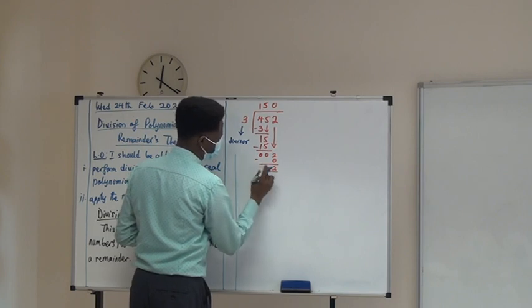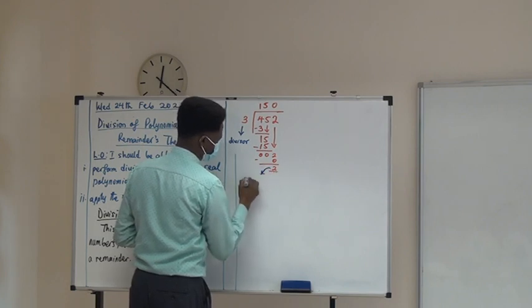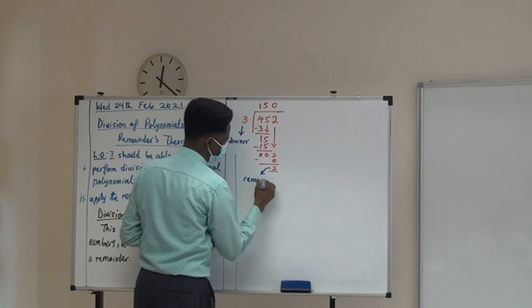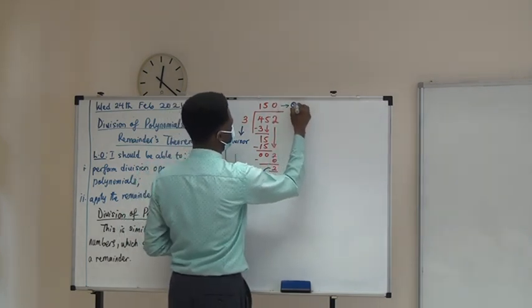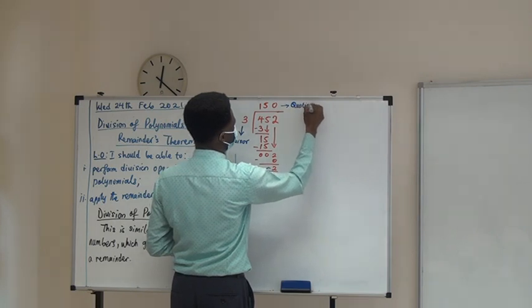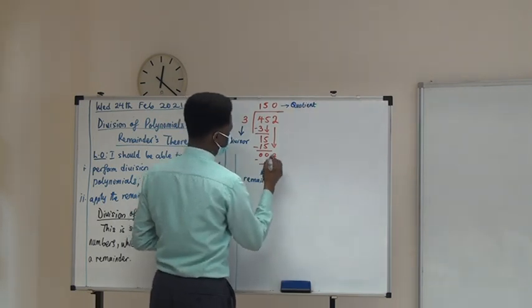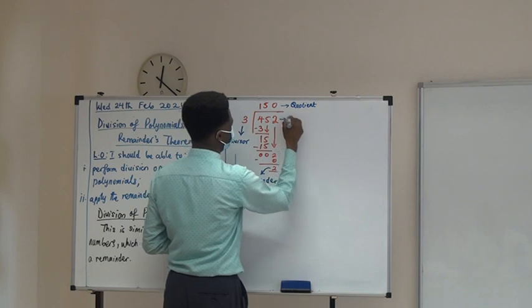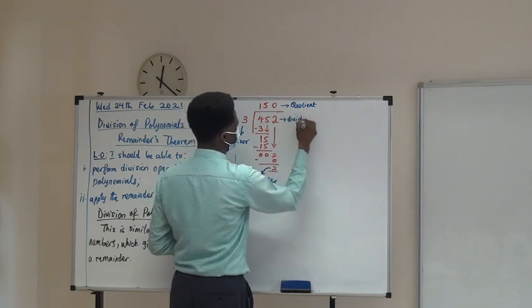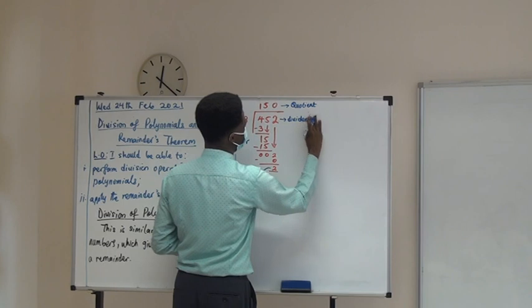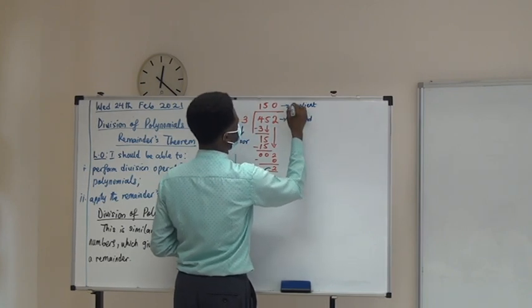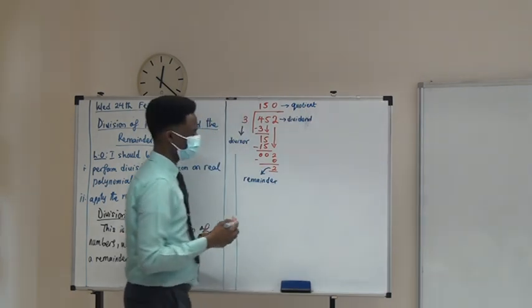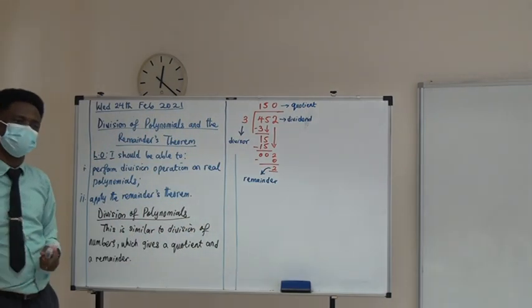This is the remainder. This is the quotient. And this is the dividend. So those are the 4 key things to know.